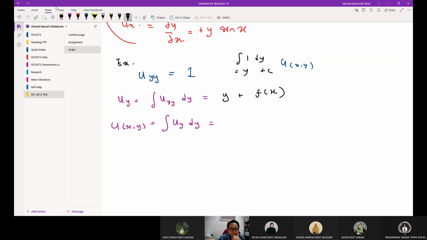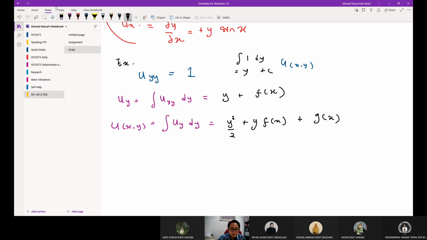Okay, integrate u_y dy, integrate y, you can get y square over 2, plus y f(x), plus c, another c pula lagi, which is put the function g(x), arbitrary function for x.